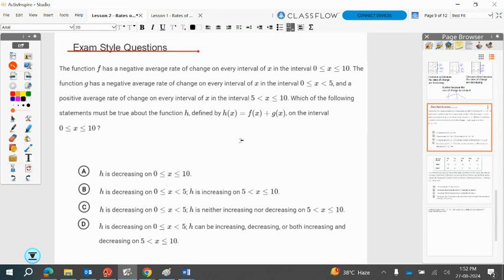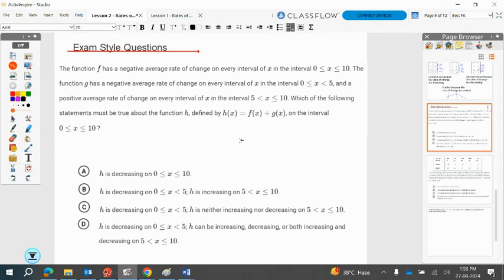h is decreasing from 0 to 5, definitely. h is increasing from 5 to 10, not certain. h is neither increasing nor decreasing? Well, it will increase or it will decrease, or it could be neither if they perfectly cancel each other out.